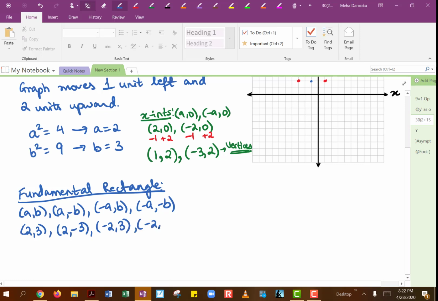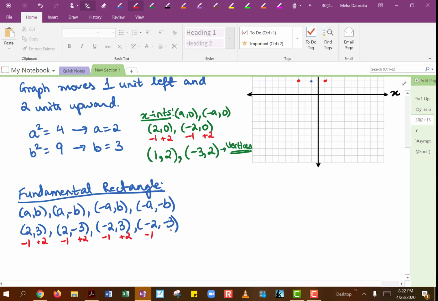But these were for the original hyperbola if you were centered at (0, 0). So remember, we are moving 1 unit left, so subtract 1 from each of the x values, and we are moving 2 units up, which means add 2 to each of the y values.